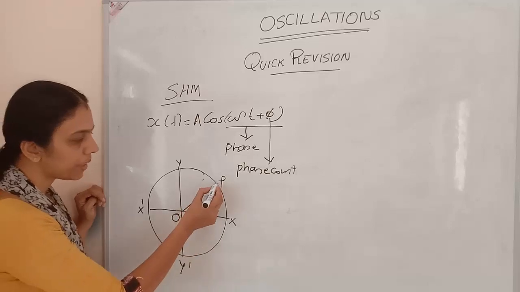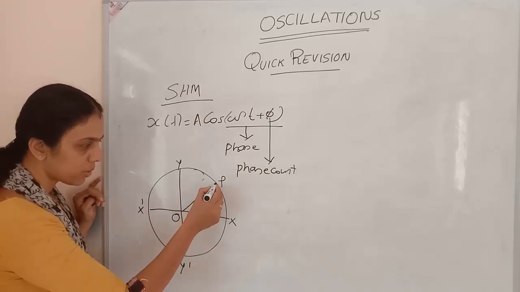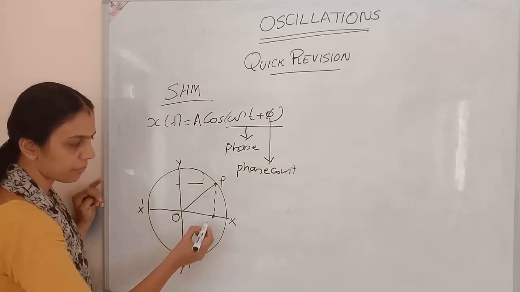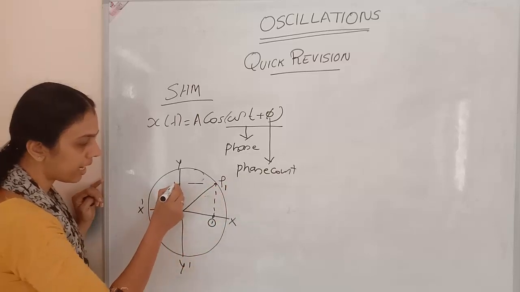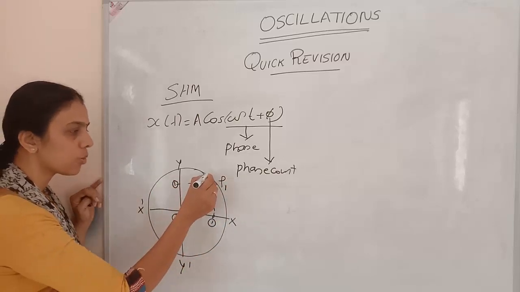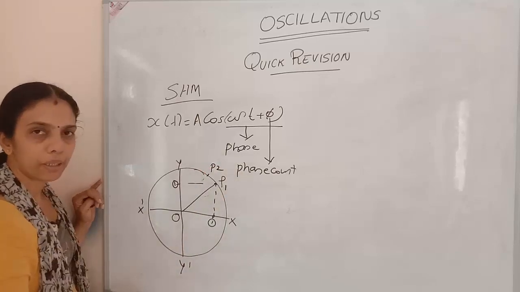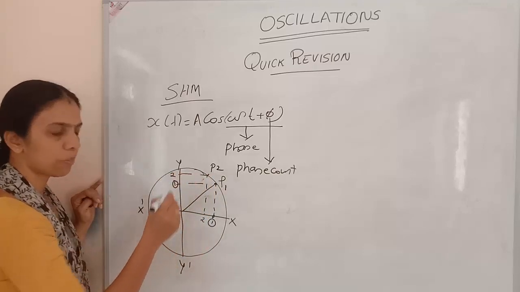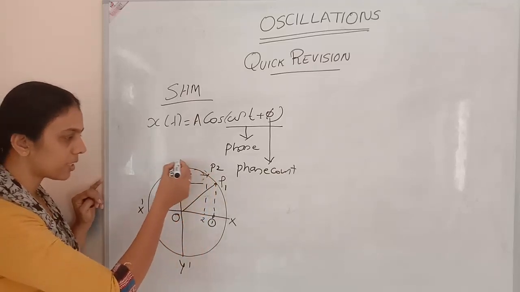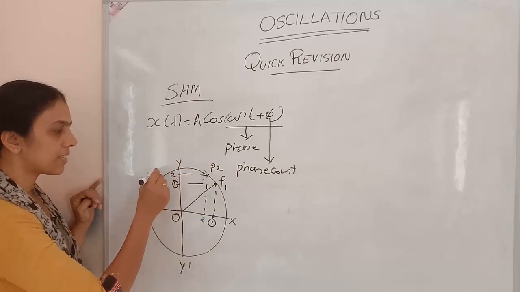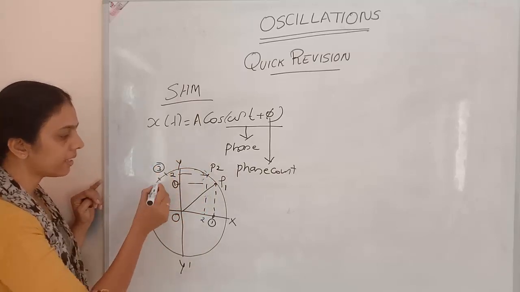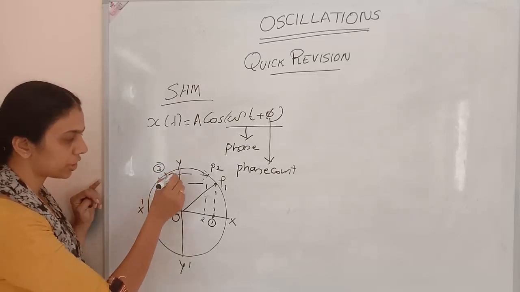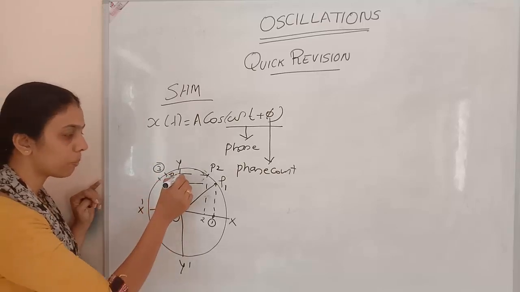P is a point whose position is x and y, and its projection falls on the y axis. P1 reaches P2 after a time interval, with the second projection here. It then moves on to the third position, where the projections on the x axis and y axis are at the same position.